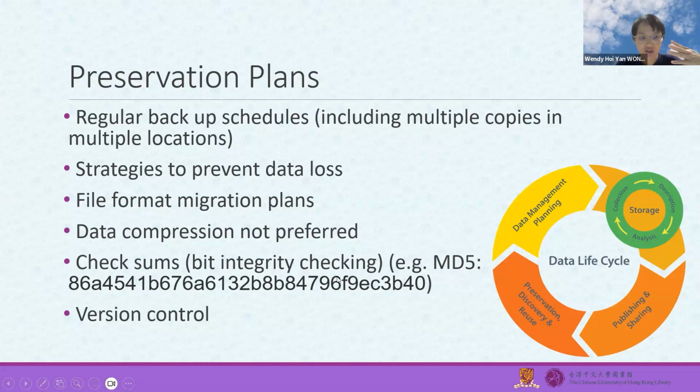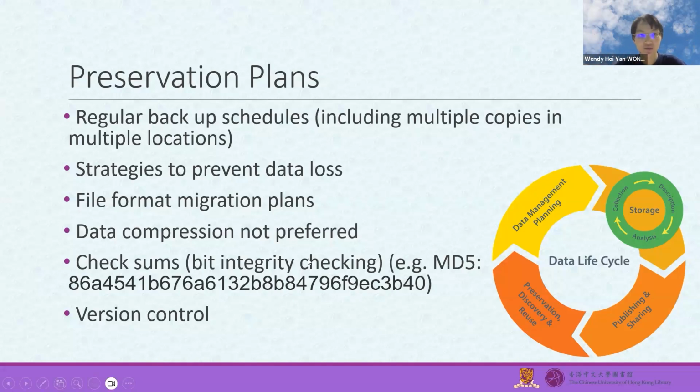If you run a check for the MD5 of a file, it gives you this series of numbers. After you modify it, just by adding one space to a Word document, this checksum will be different. This checksum tells you whether the file is the exact file that you downloaded from somewhere else.